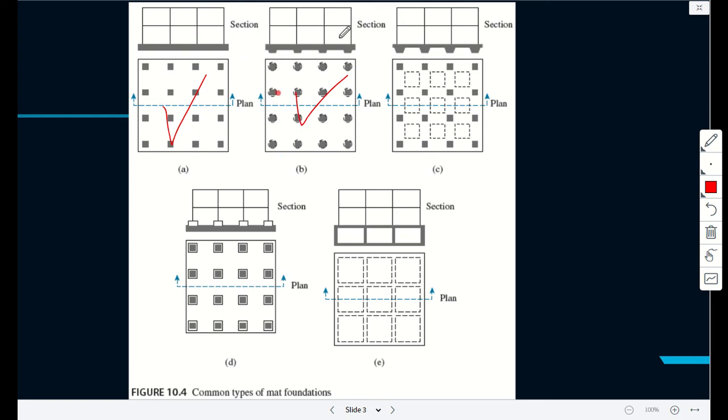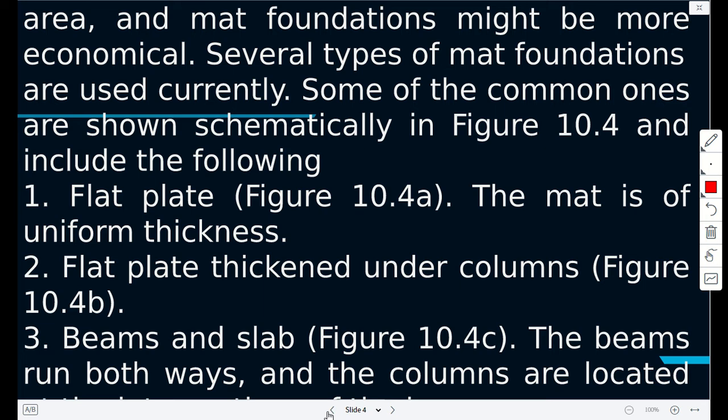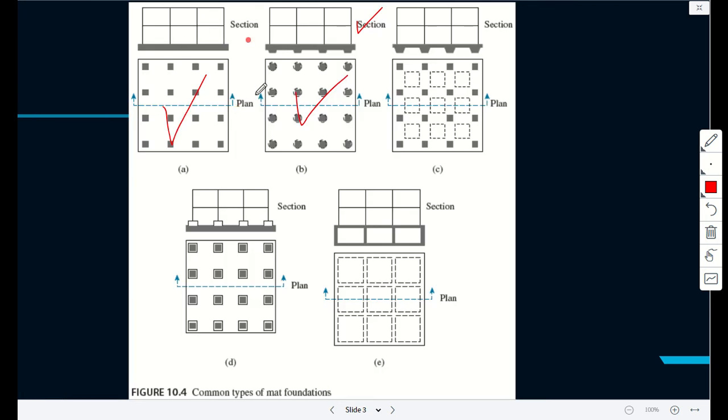You may not see the plan, so you can see the section, some difference. Under the columns, there is additional thickening. Or we just have one flat footing with a uniform thickness as shown. But here, under the columns, there could be additional thickening.